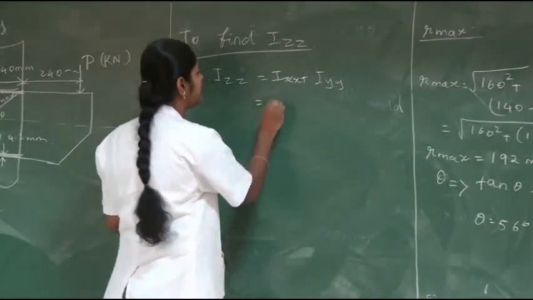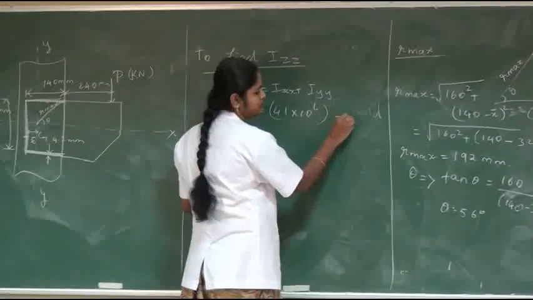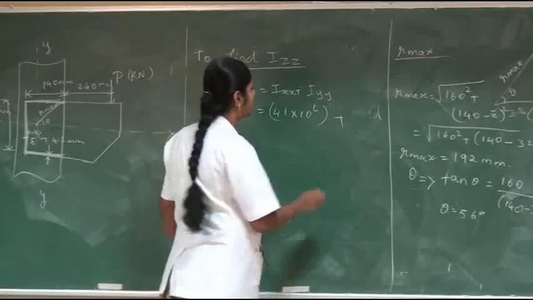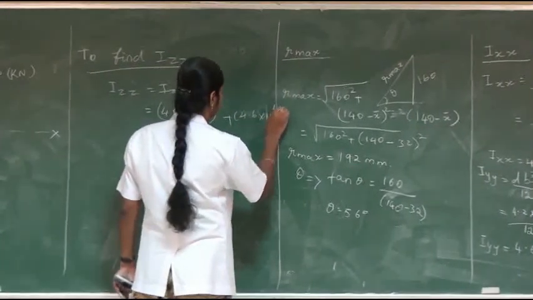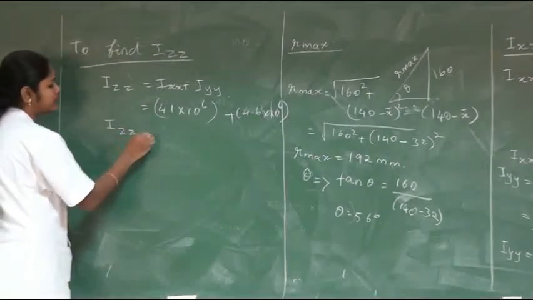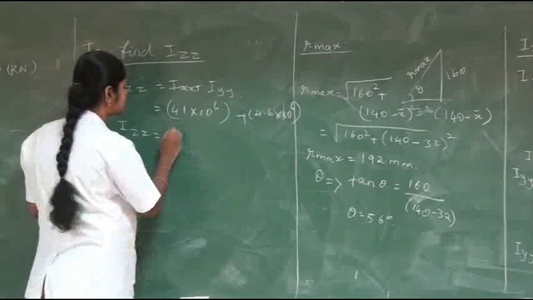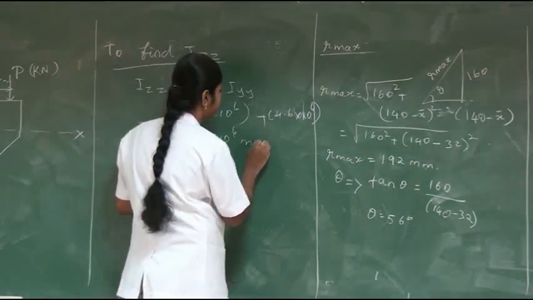Ixx value is 41 into 10 to the power 6 plus Iyy answer is 4.6 into 10 to the power 6. By resolving this we get the answer 4.46 into 10 to the power 6 mm to the power 4.